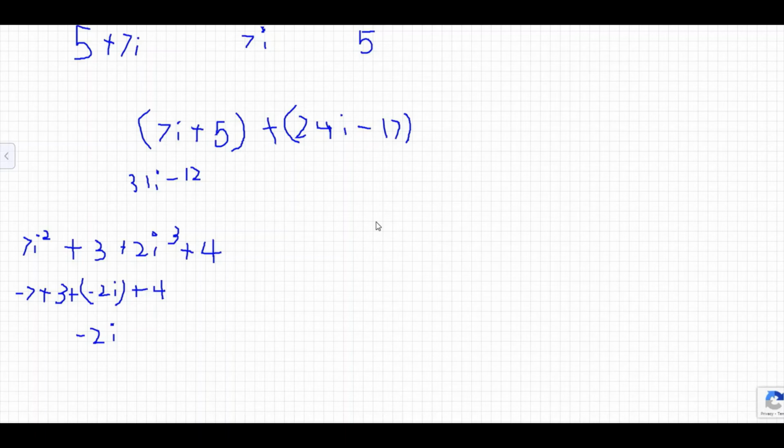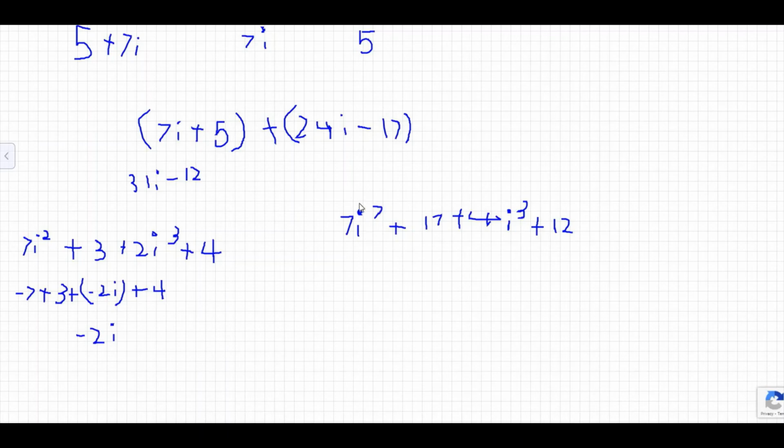Let's take another example. This time, let's have 7i to the 7th plus 17 plus 4i to the 3rd plus 12. Okay, and again, let's equate this one step at a time.